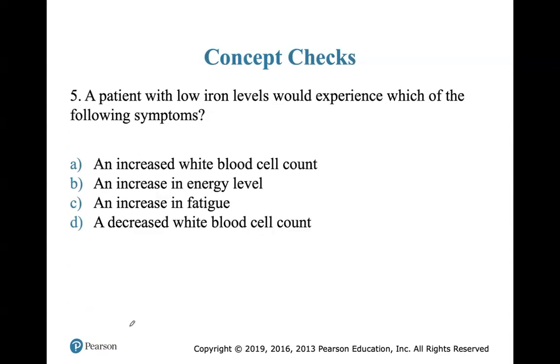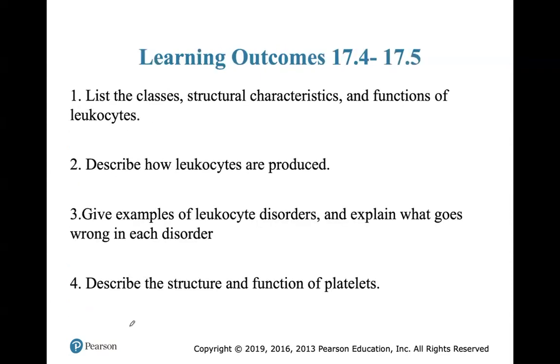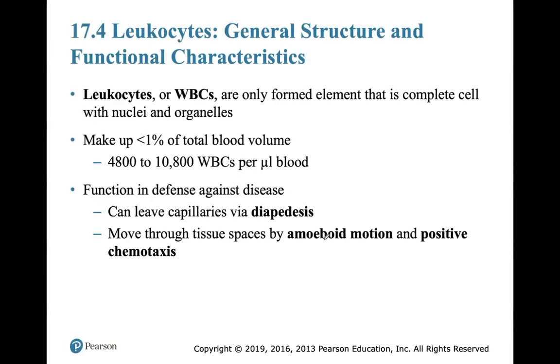Now we did the concept checks, and today we will be talking about leukocytes or the white blood cells. We'll talk about the structural characteristics, functions, how leukocytes are produced, the disorders, and then finally platelets. Leukocytes or WBCs are the only formed element that are truly cells because they have nuclei and organelles.